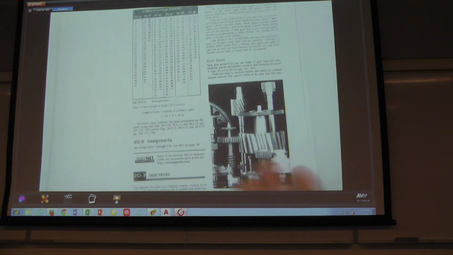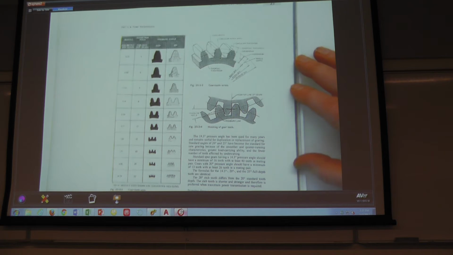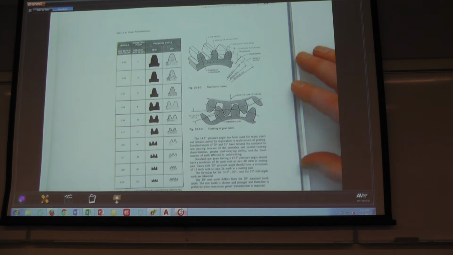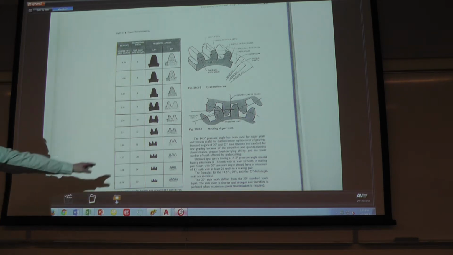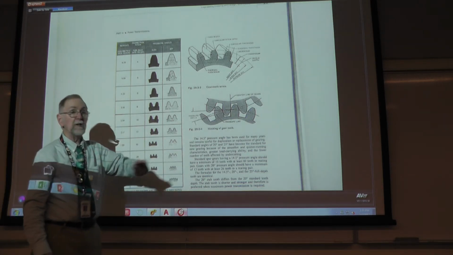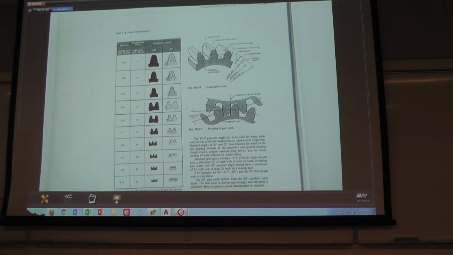It shows you some. What you need to know is that there is something called a tooth form or pressure angle in defining different gear forms. The 14.5 degree pressure angle or tooth form has been used for many years and remains useful for duplication or replacement of gearing.